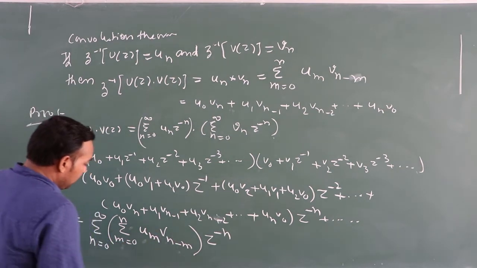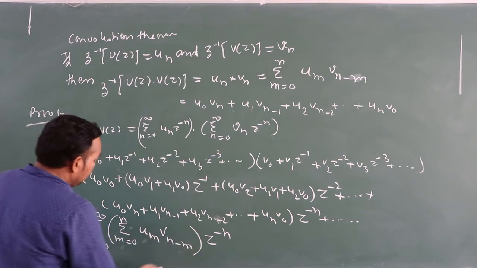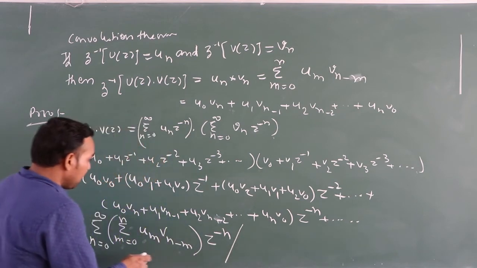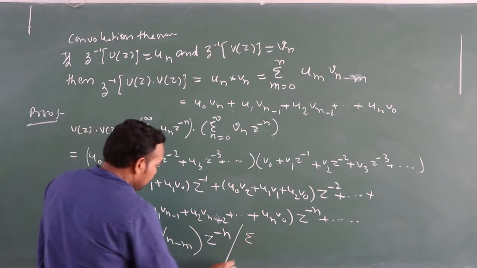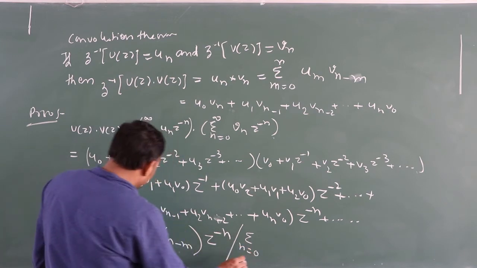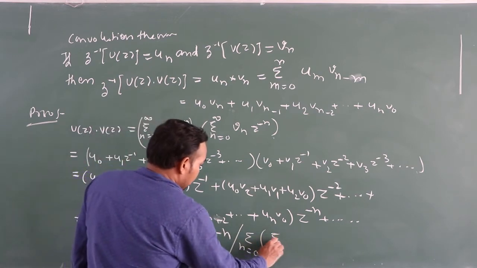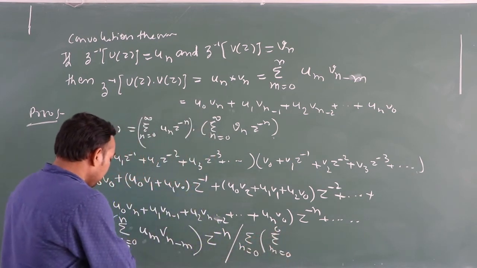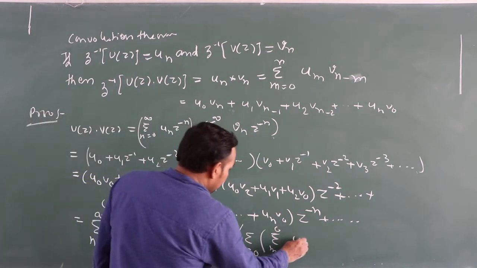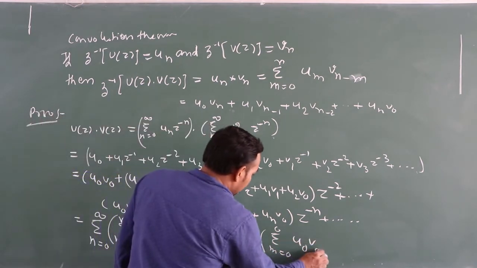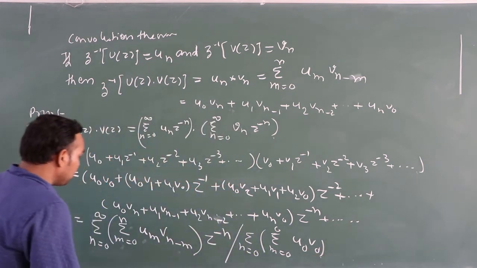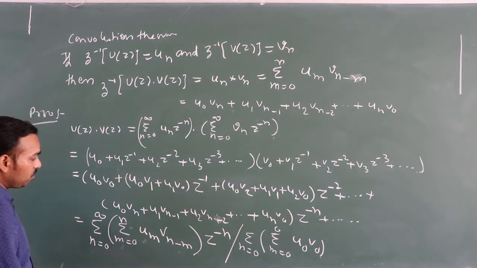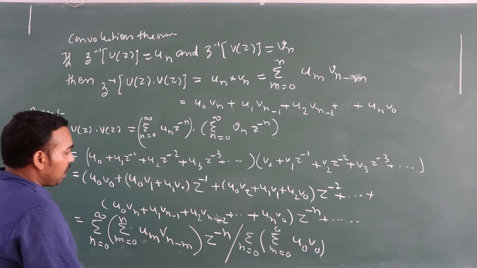Suppose from this we want to find the first term. Simply write n equal to 0, and m goes from 0 to 0, so the term is simply u0 and v0. Then we want to find the coefficient of z to the power minus 1.